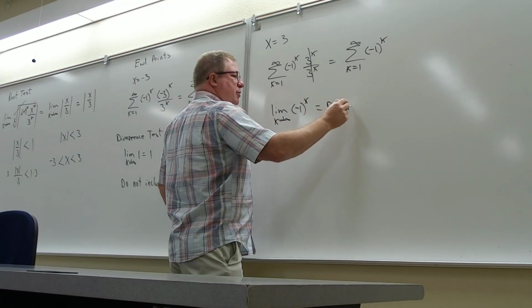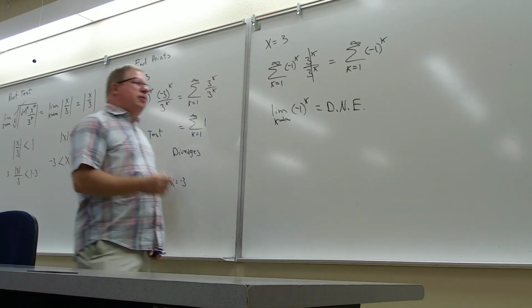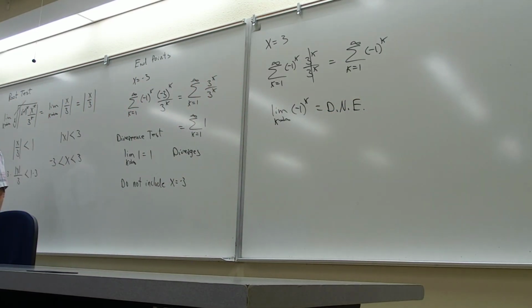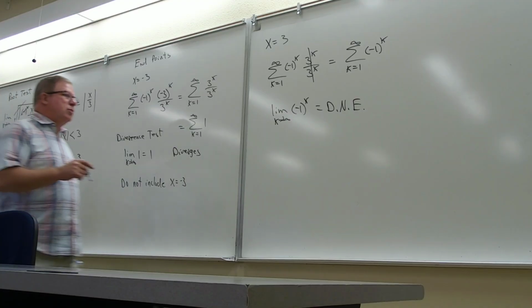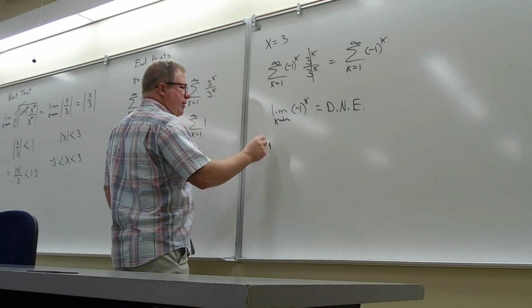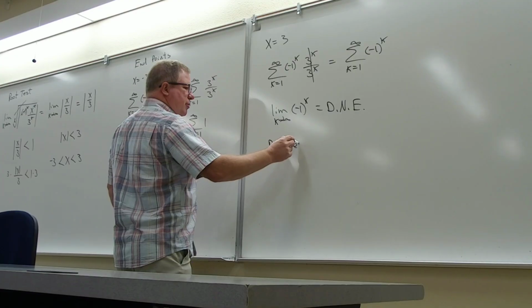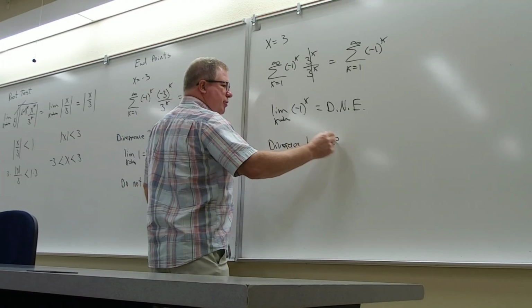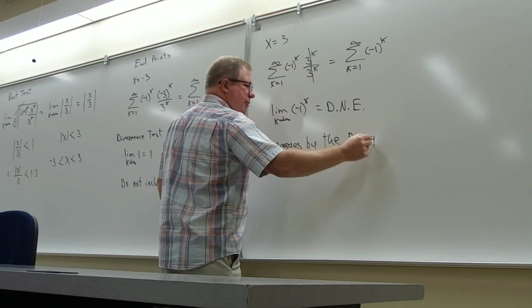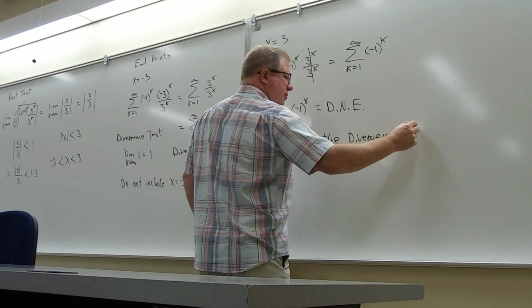The only chance it has at converging is if that limit equals 0. That doesn't guarantee it converges, that just gives it a chance. If that limit does not equal 0, it diverges. That's not 0, so it diverges by the divergence test.